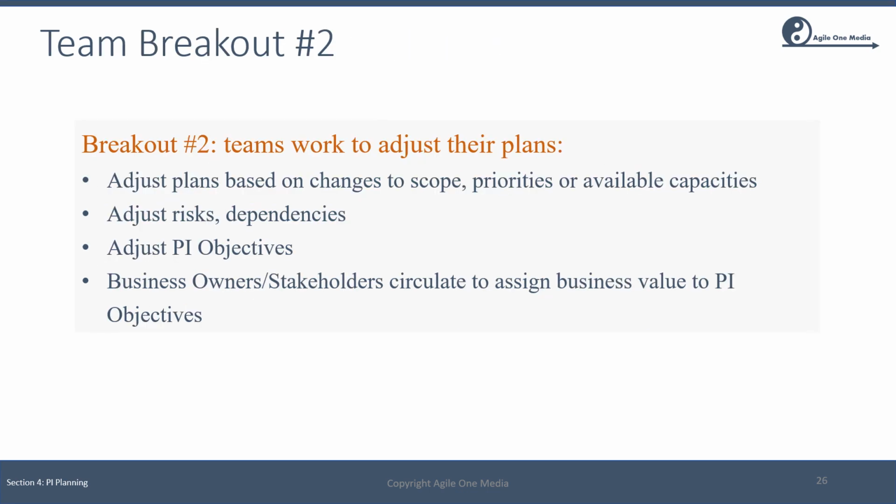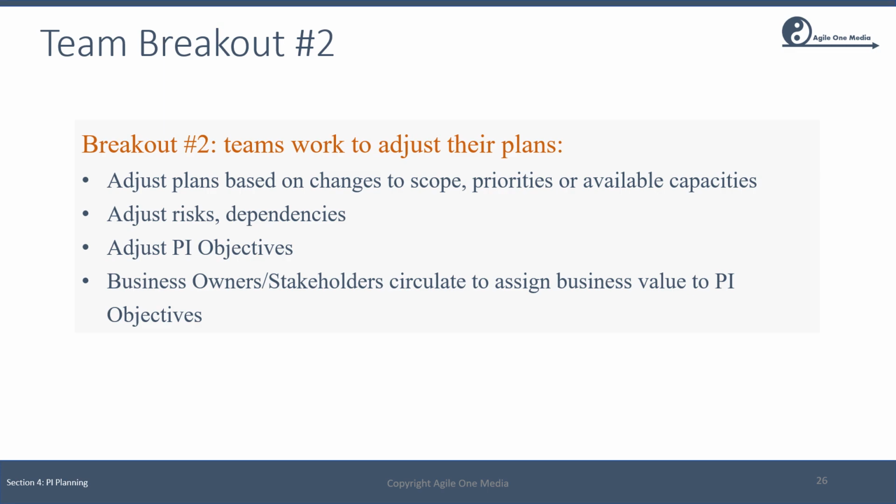So then once the output of the leadership review has been presented and discussed across the ART, the second breakout sessions occur where teams will work to adjust their plans. So teams then will adjust plans based on changes to scope, priorities, or available capacities.